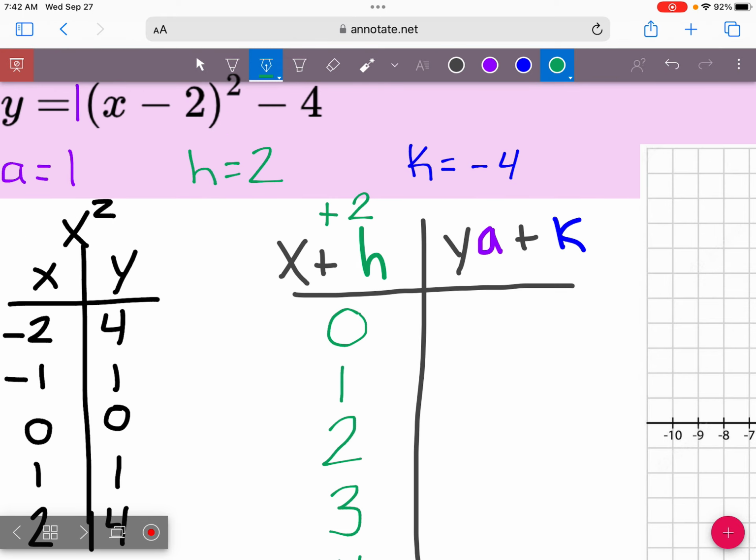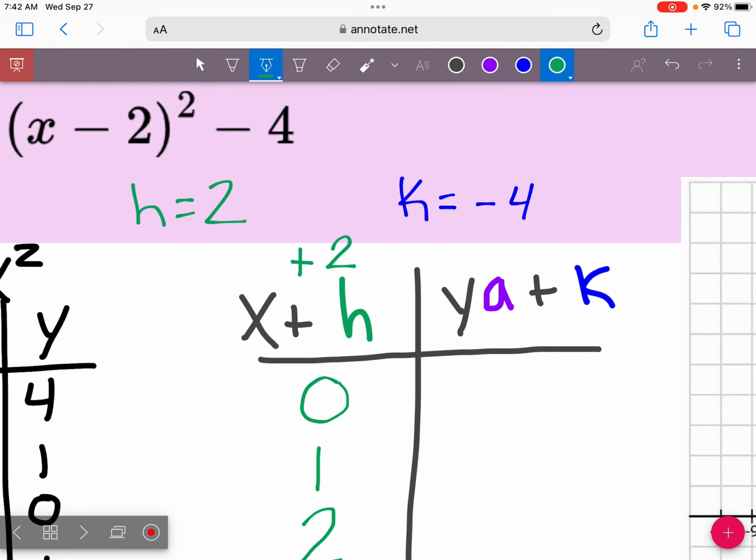Then we're going to take our y's. Y times a, so we're going to go times 1 plus k, plus -4 or minus 4. So the times 1 isn't actually doing anything. So we just need to think about the -4 in this case.